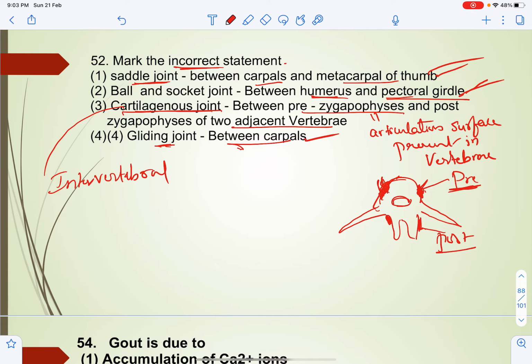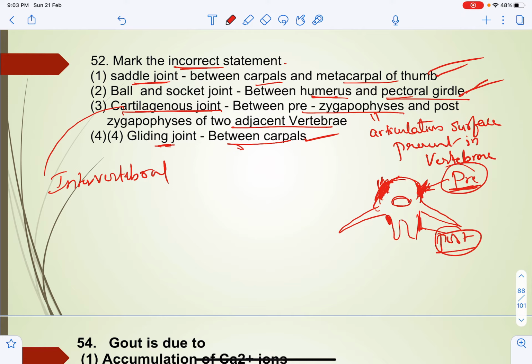At the articulation, one vertebra is above the other; in the anterior region we have pre-zygapophysis, in the posterior region post-zygapophysis, and these help in articulation but not in movement. So keep this in mind.